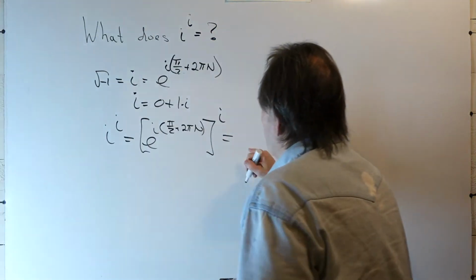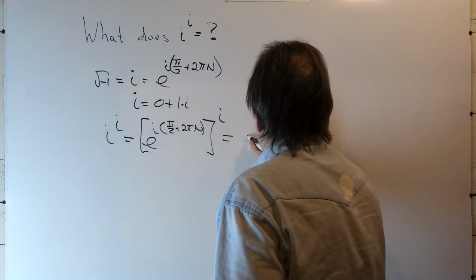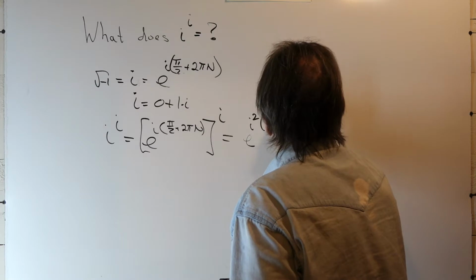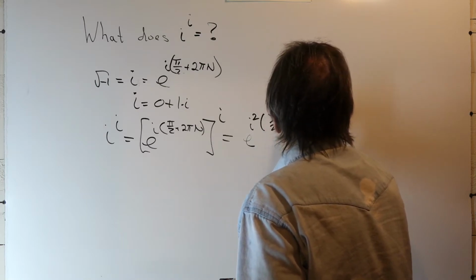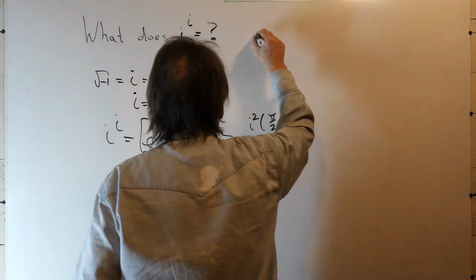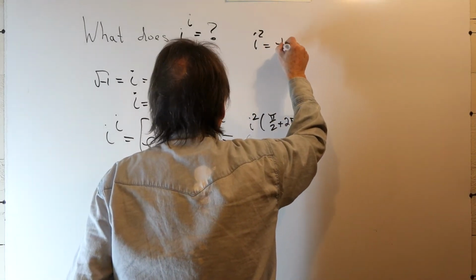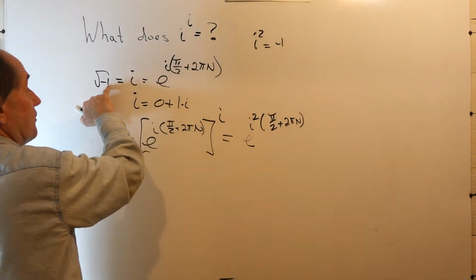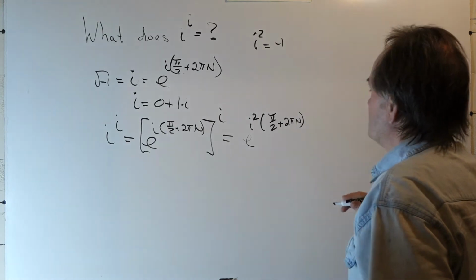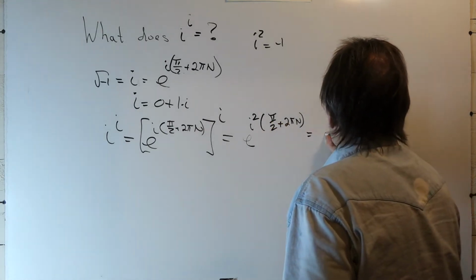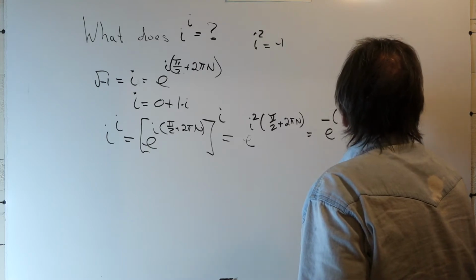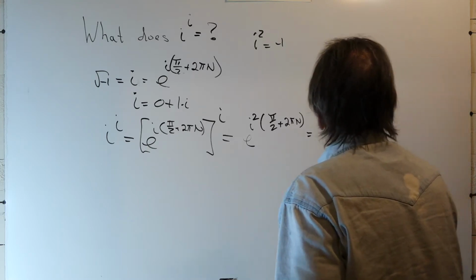Using properties of exponents, this becomes e to the i squared times pi over 2 plus 2 pi n. And remember, i squared is -1, because i is the square root of -1. So this becomes e to the minus pi over 2 plus 2 pi n.